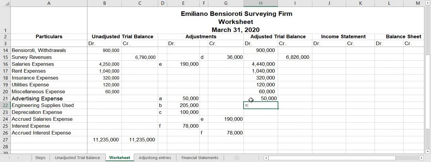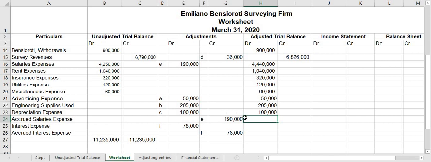Also, your engineering supplies used, an expense account na walang unadjusted trial balance, and since may adjustment siya, copy mo lang din. As well as your depreciation expense na walang unadjusted balance, kaya yung adjustment niya na 100,000, copy mo lang din sa debit portion.